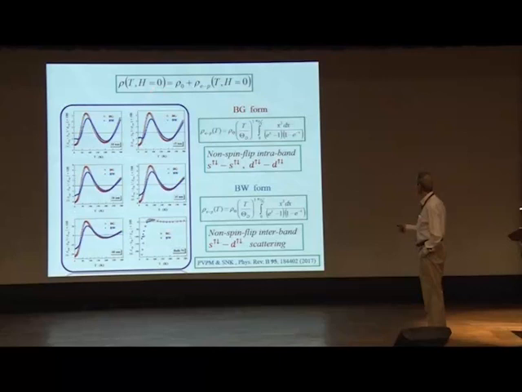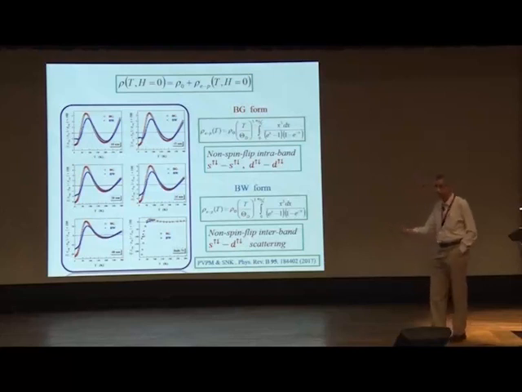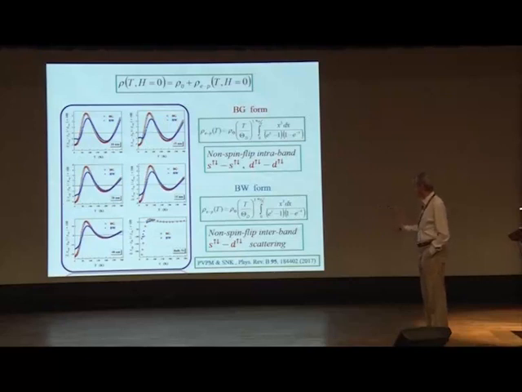So what you see is that first what we do is we just take the residual resistivity plus the electron-phonon term, and it has two forms, as I said earlier. One is this Bloch-Grüneisen form and another Bloch-Wilson. One is the non-spin flip intraband scattering, the other one is the non-spin flip interband scattering. So you want to see whether it is the interband scattering that is dominant or intraband scattering caused by phonons. So from this you immediately see that the deviations are systematic.